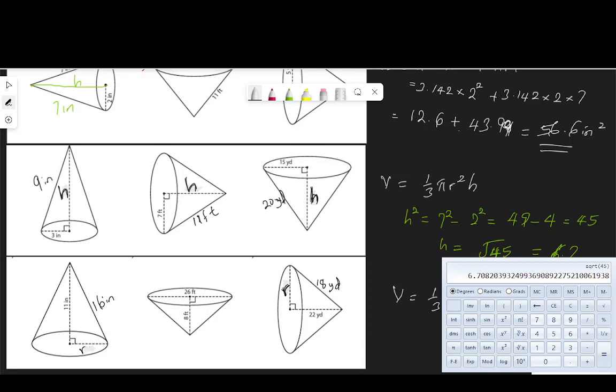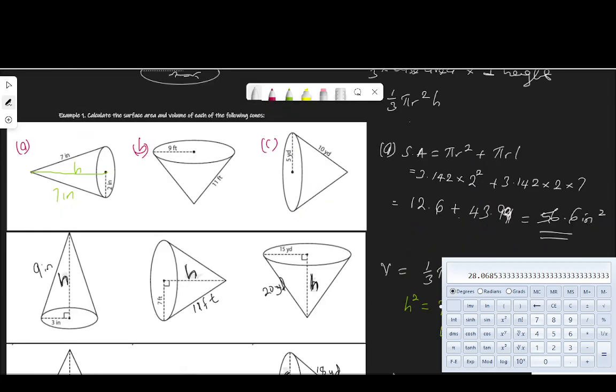Let's plug this into the calculator. 3.142 multiplied by 2 squared here is 4, then multiplied by 6.7, divided by 3 is 28.1 approximately. So the volume of this cone is 28.1 inches cubed. That is that for question A.